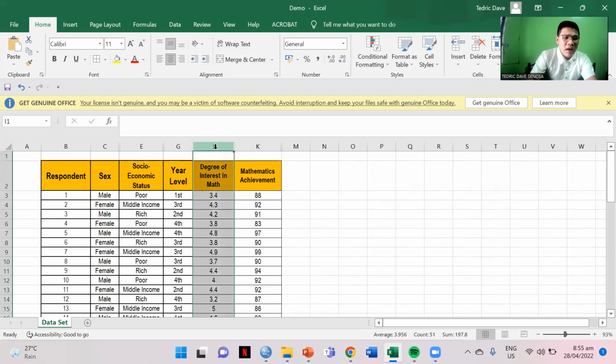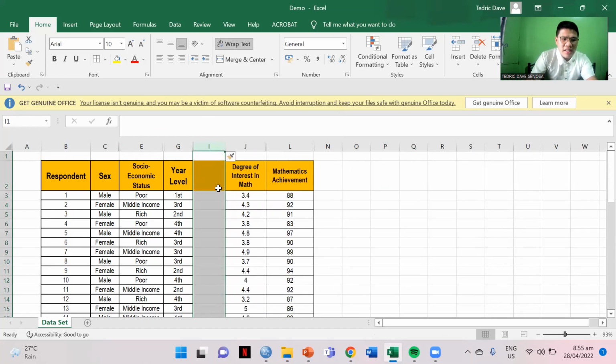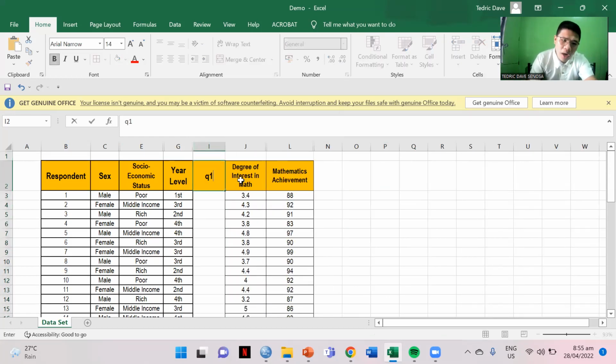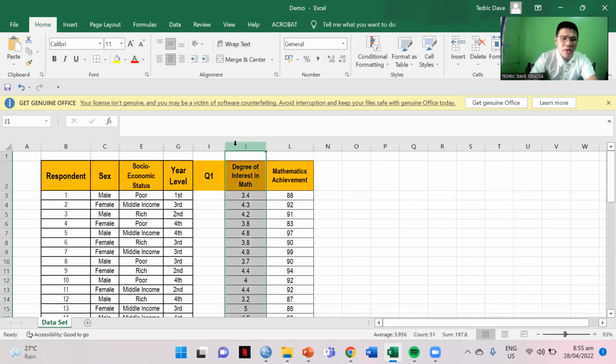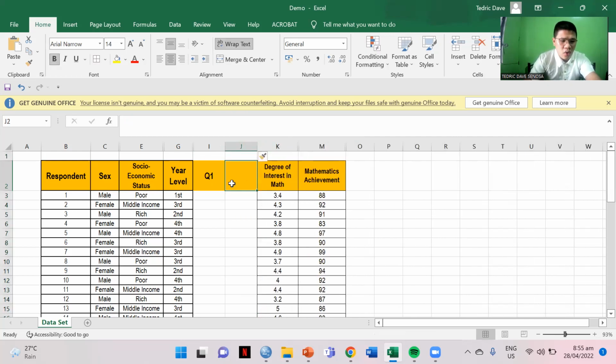The main thing here is that they also answered question number 1, question number 2, until question number 10. So there are actually answers from question 1 to 10, but I got the average, which will represent the degree of interest in mathematics.